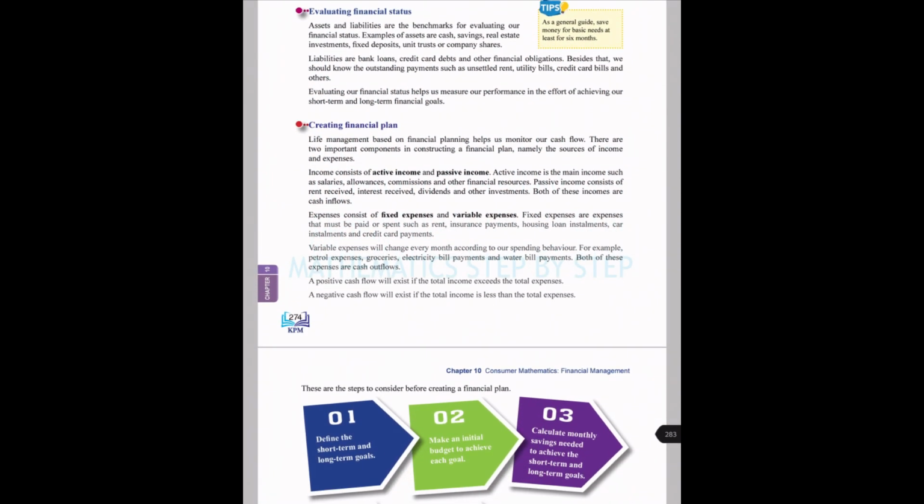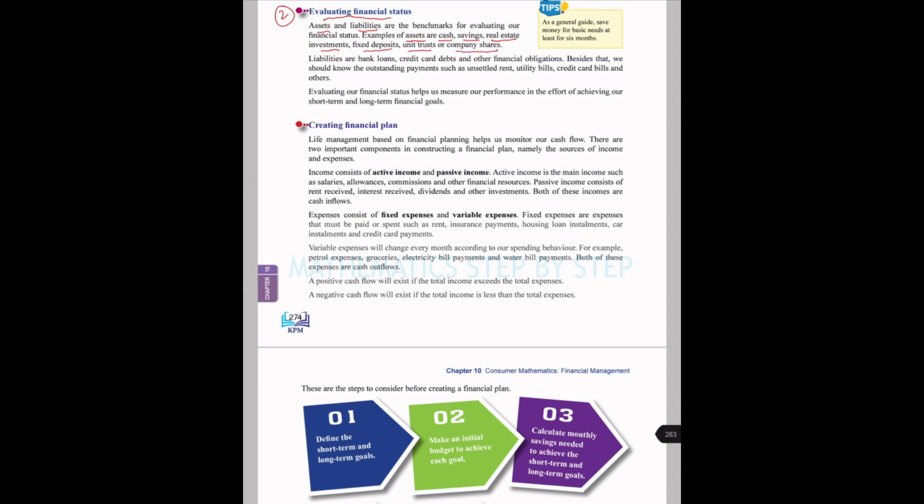So now the second step involved in an effective financial management process is evaluating financial status. Okay, so assets and liabilities are the benchmarks for evaluating our financial status. For example, assets are cash, savings, real estate investment, fixed deposit, unit trust, or company shares.